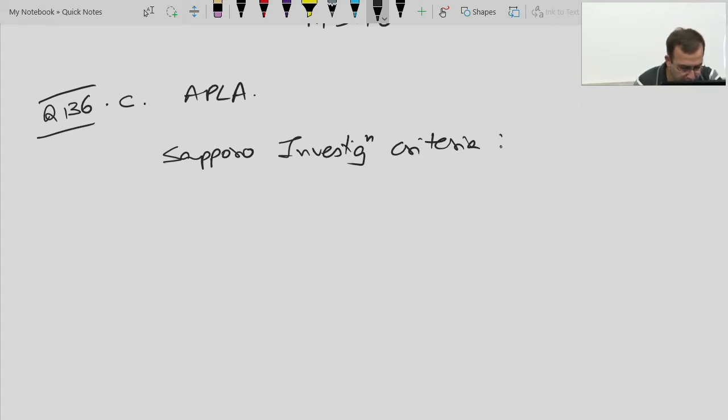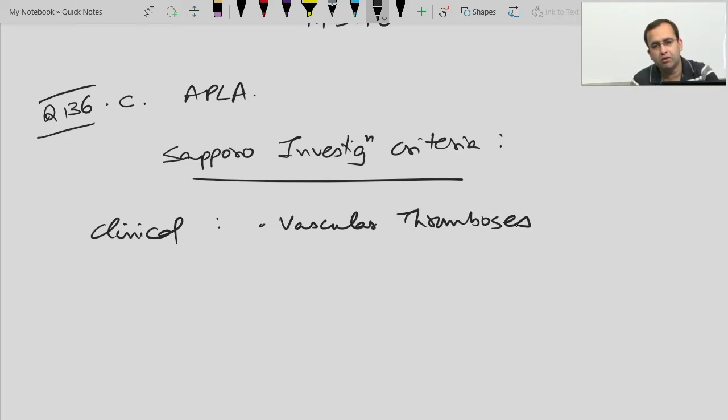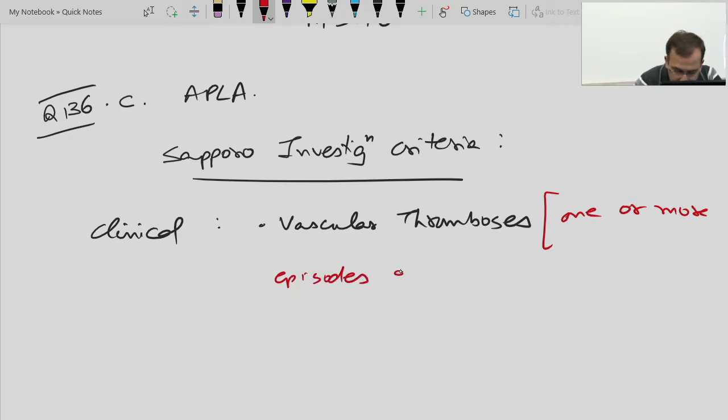The first set of criteria are the clinical ones. Clinically, it is associated with vascular thrombosis, that is, one or more episodes of arterial, venous or small vessel thrombosis.